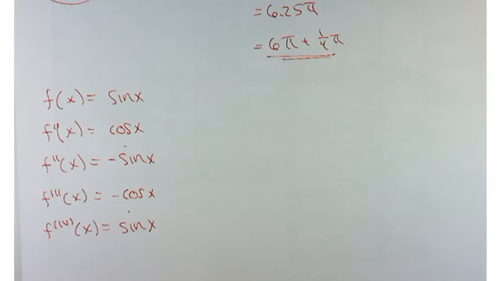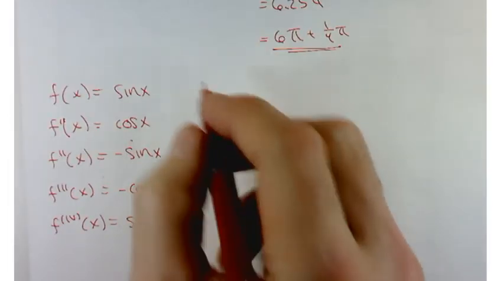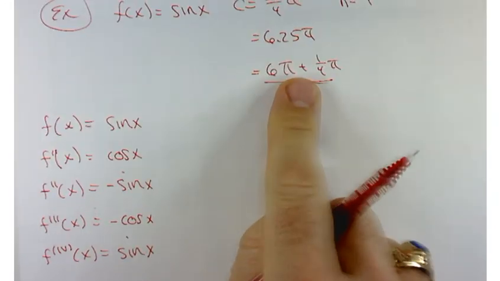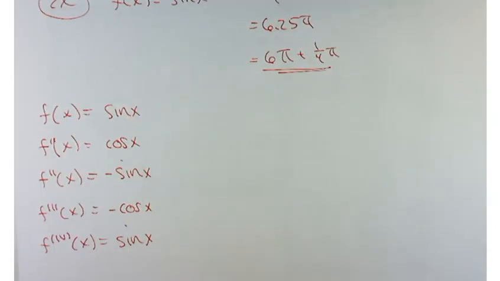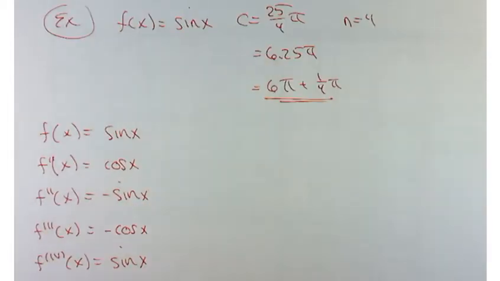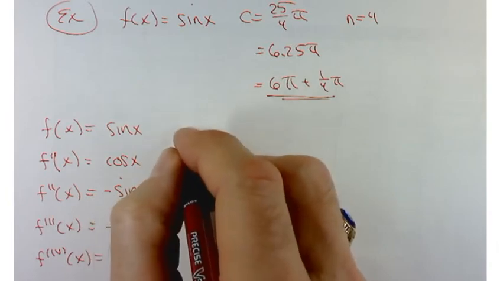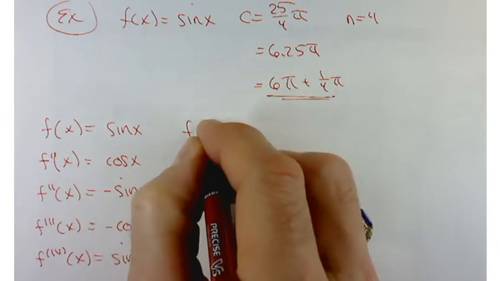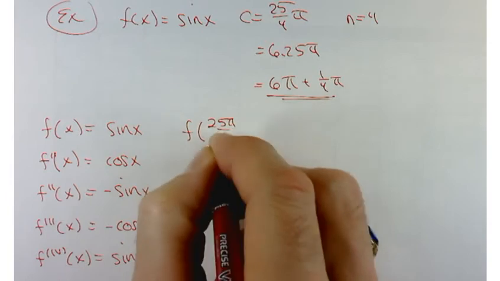Now what? Yeah, now we got to plug in this point into our function because we got a different center. It's not 0 anymore. This is not a Maclaurin series. It's a Taylor series centered right here. So let's see what that's going to be. That's going to be f of 25 pi over 4.